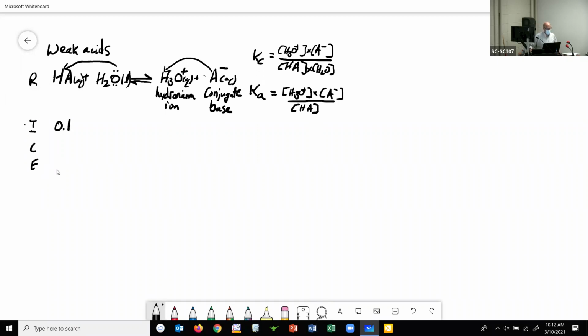And I have to keep track of water, pure liquid. And we're going to assume that there are no hydronium ions, no conjugate base ions initially. As we approach equilibrium, we're going to use up a little bit of the weak acid, make a little bit of hydronium, make a little bit of the conjugate base.